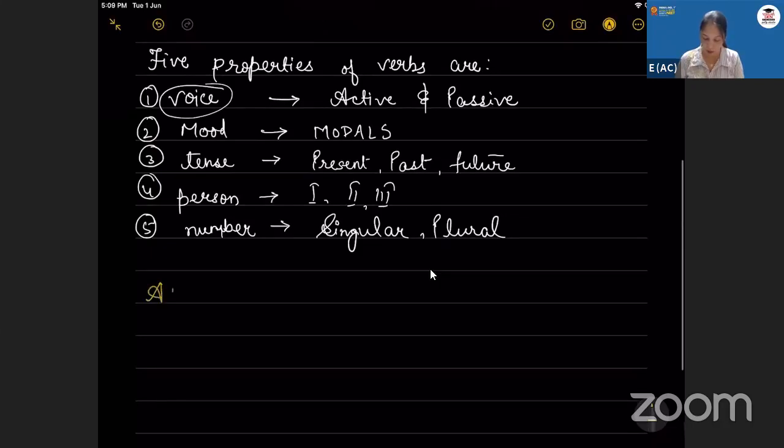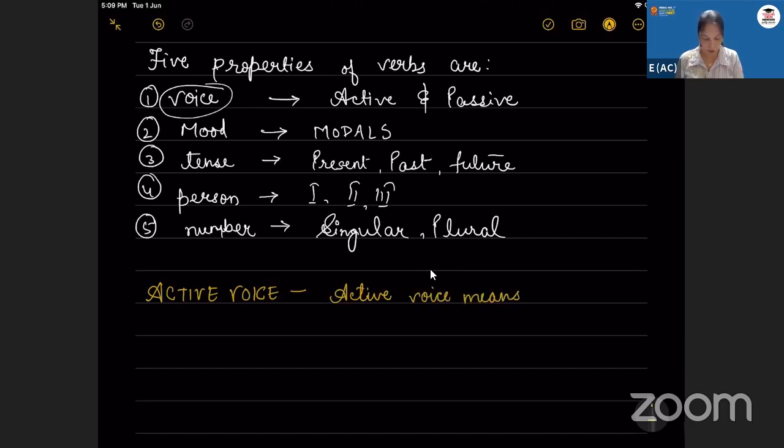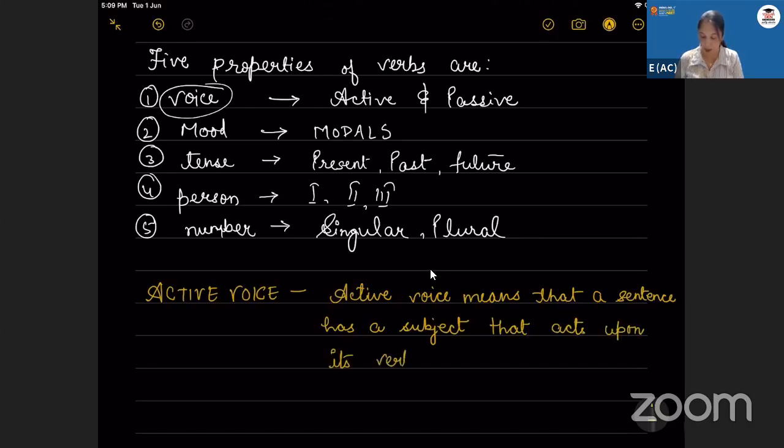So active voice means that a sentence has a subject that acts upon its verb, and this verb will always be a transitive verb. Yes. Fine.